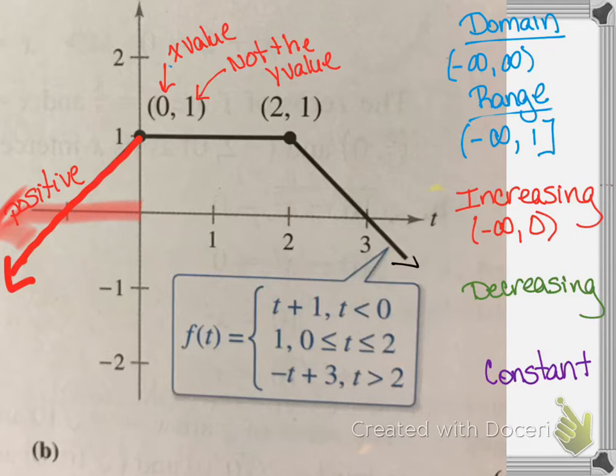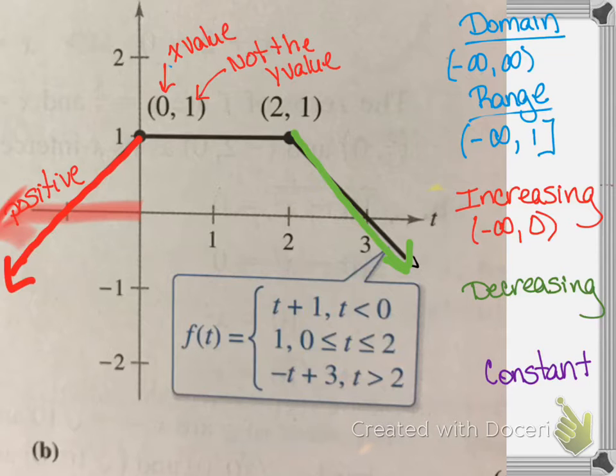Okay? Now I want us to look at this part of my graph. Actually, I don't. I want to look at this part of the graph. Okay, what is happening there? What kind of slope does that line have? It has a negative slope. Okay? So that is where I am decreasing.